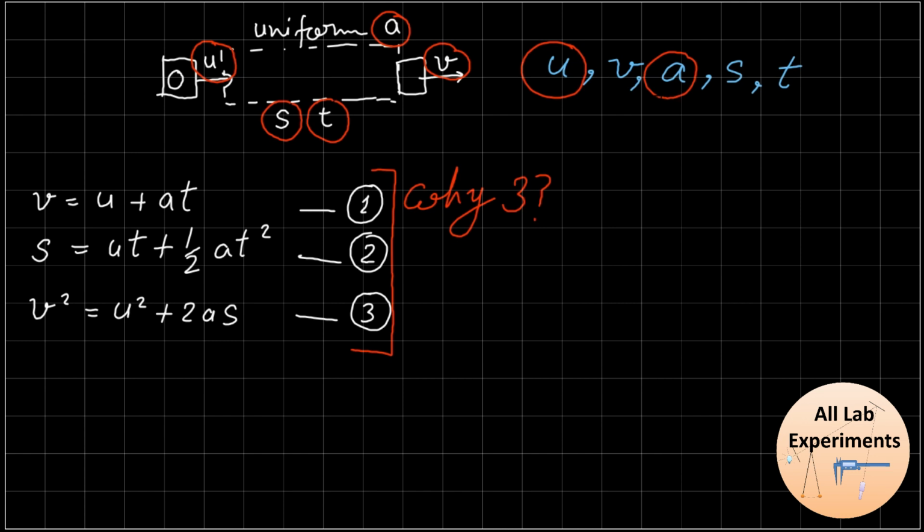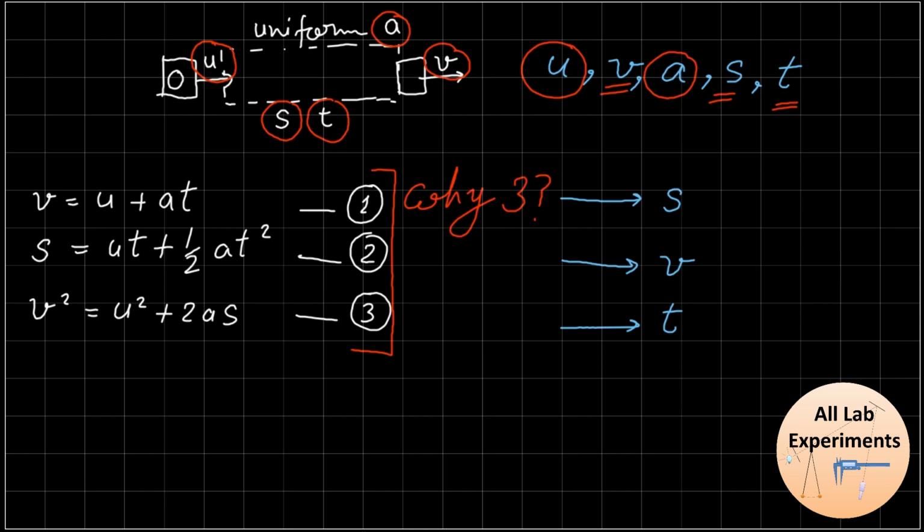It means that u and a are compulsory to solve any of these equations, but v, s and t are systematically arranged in the three equations. You will find that s is absent from the first equation. In the second equation, v is not present, and t is not present in the third equation.